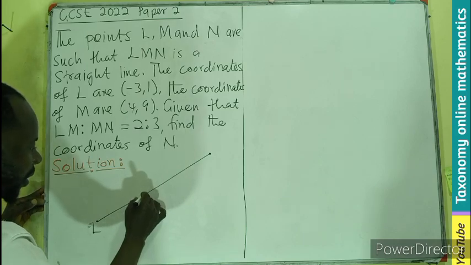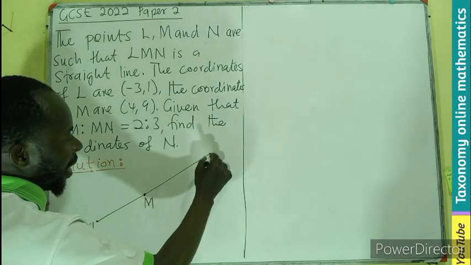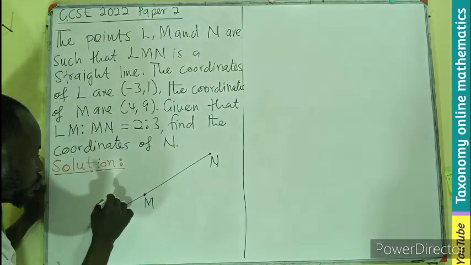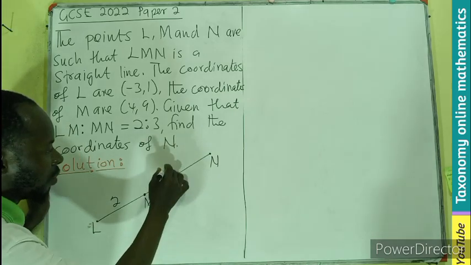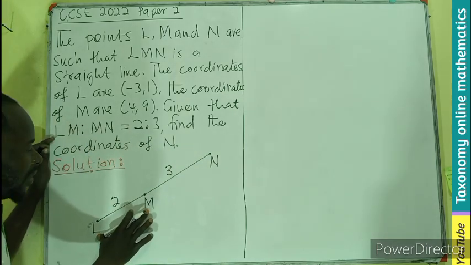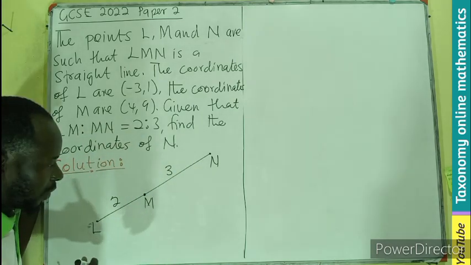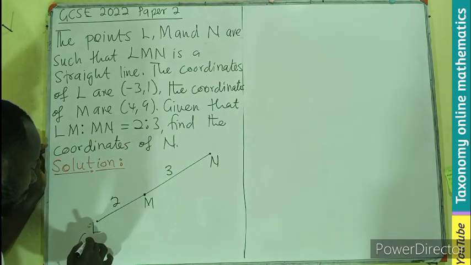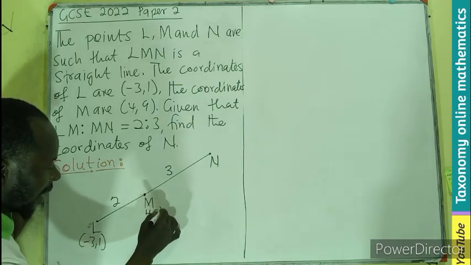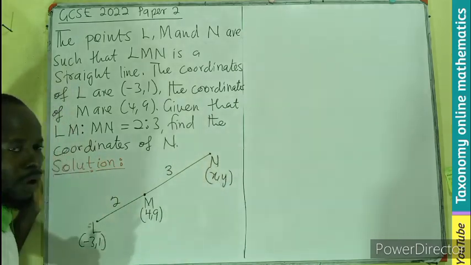Let's have the division here to be the M, then we have the N. The division here is 2, and the division here is 3, as we have been told. LM is divided into 2 parts, and MN into 3 parts. The coordinate here is (-3, 1), here we have (4, 9), and here x, y, the unknown coordinate.